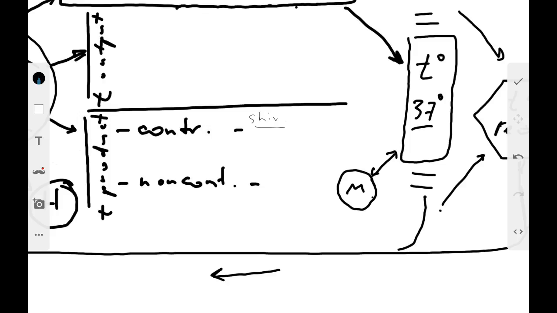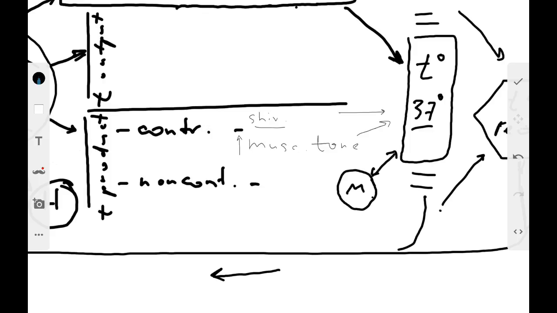Shivering is a very good type of thermal production because muscle fibers contract in different directions and temperature increases sufficiently. Another type of contractile thermogenesis is the increase of the muscle tone. Muscle tone increases the thermal production very well due to extrapyramidal influence from the extrapyramidal system structures of the brain.